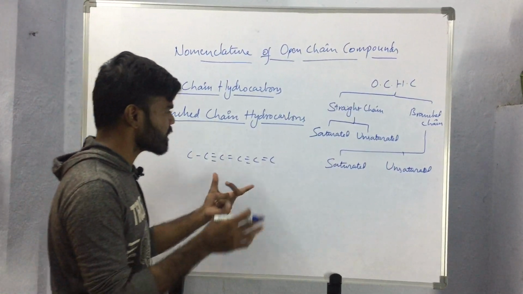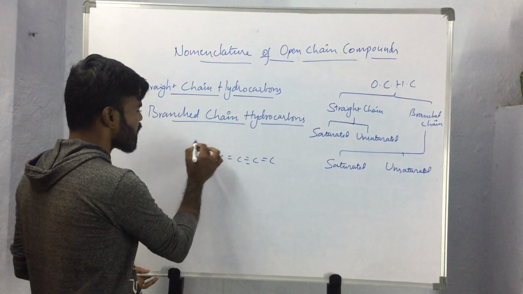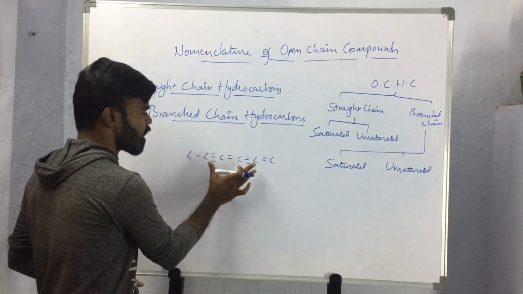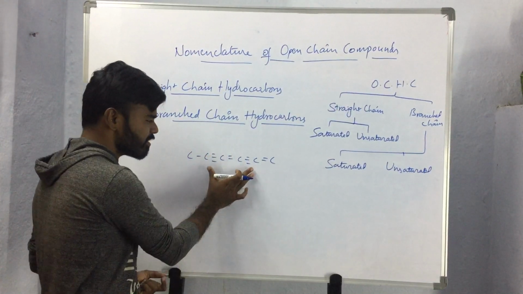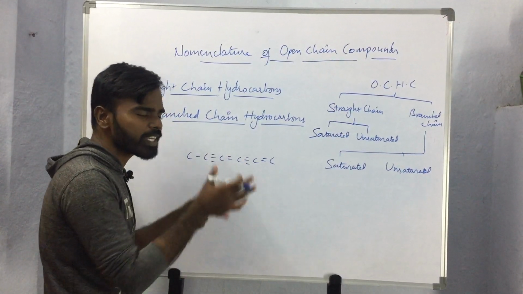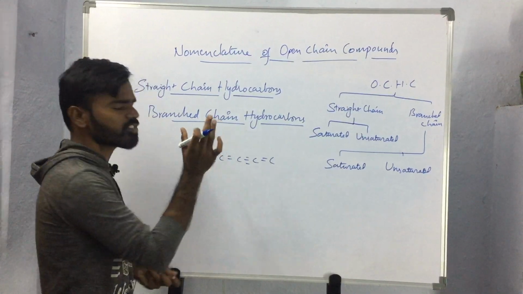That means while explaining the nomenclature of combined unsaturations, I represented the compound like this. I wrote this just to explain how to give the naming when multiple unsaturations are present.